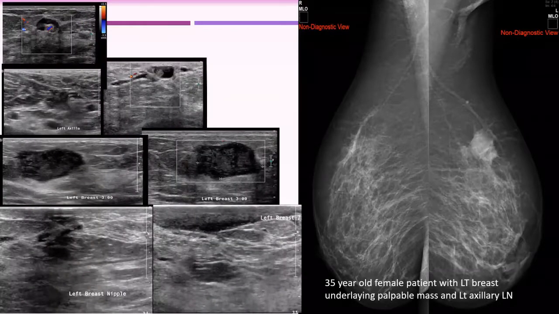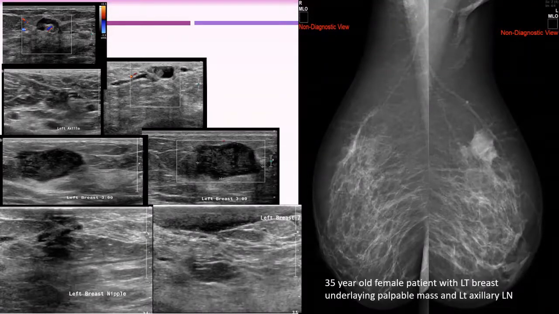This is the ultrasound. Now can you see the lymph node or not? Yes, the lymph node shows focal enlargement of the cortex. Focal or diffuse?